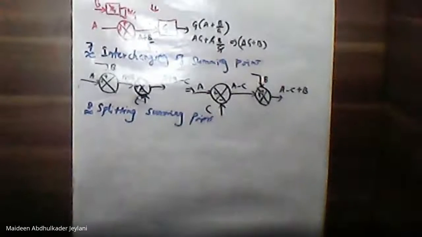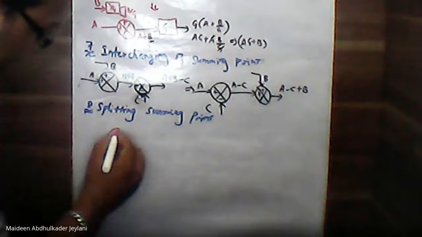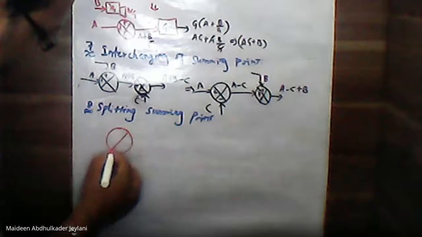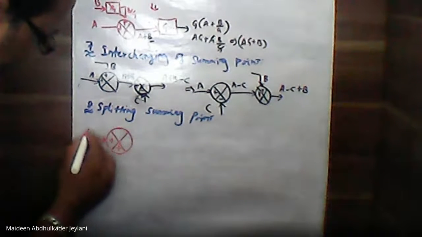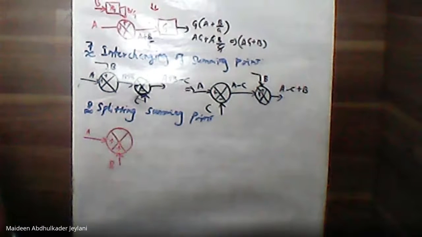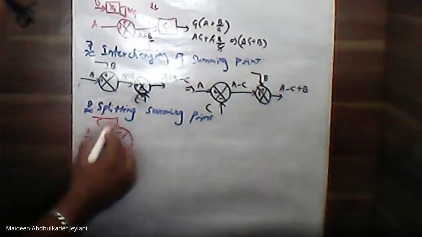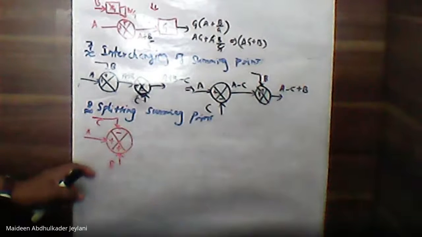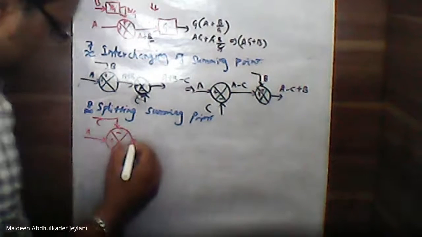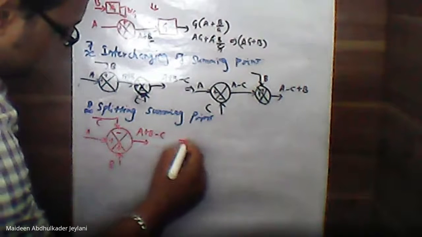Let's consider this is A and this is B, and here it is C. A and B are positive and C is negative. So what's our response? A plus B minus C.